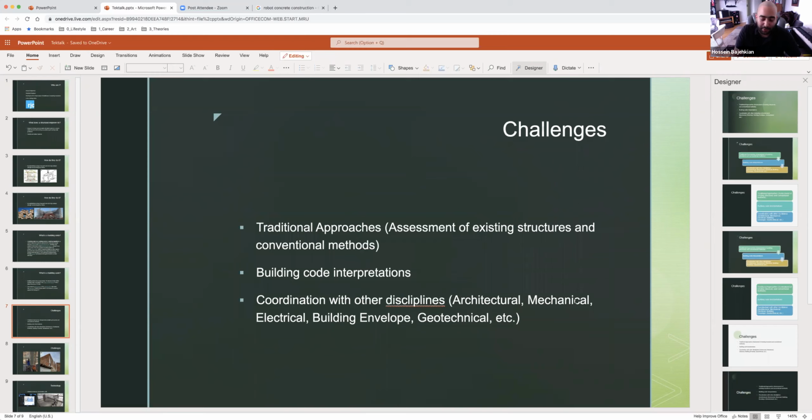When a building is getting built, there are so many aspects and so many professionals involved in each of these disciplines that you need to coordinate, and then your structural design might get compromised, and you have to find a way to work around it.